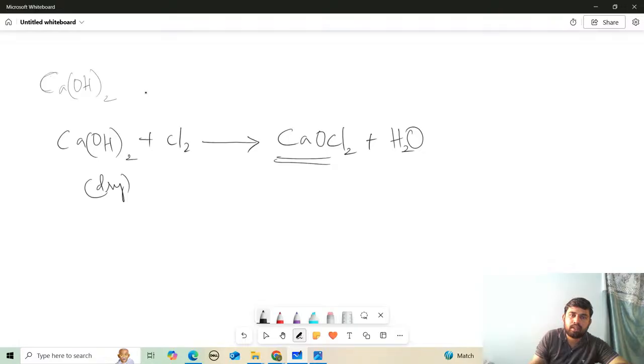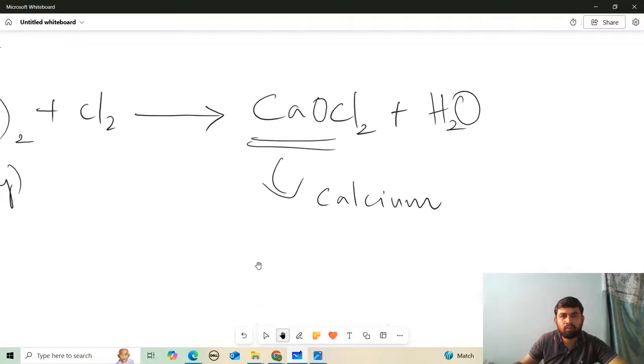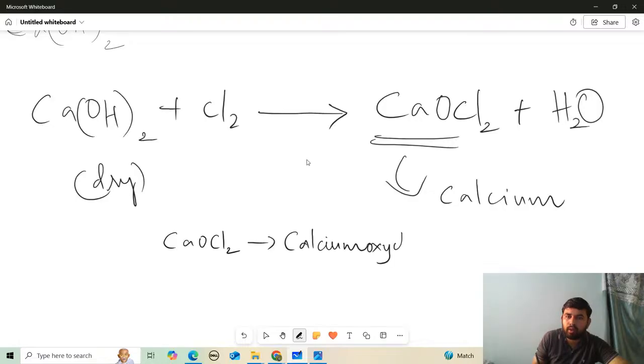In this process CaOCl2 is formed. The chemical name of CaOCl2 is calcium oxychloride.